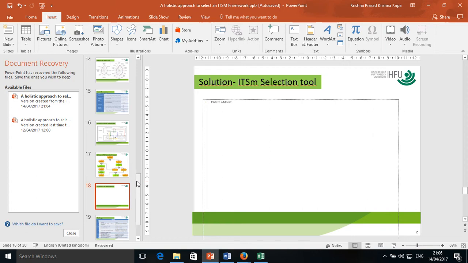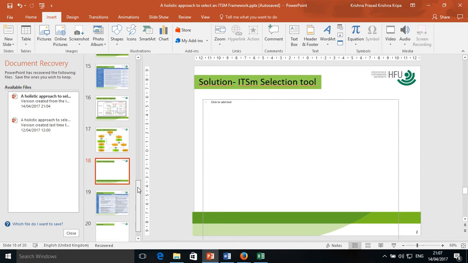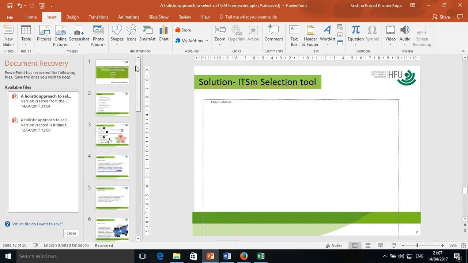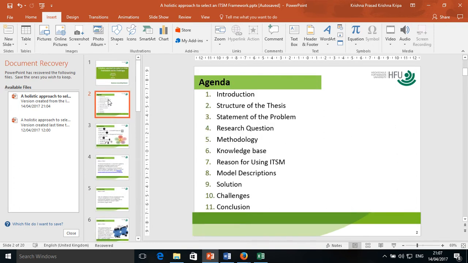So friends, here I'm going to discuss the ITSM selection tool which I have designed for this particular purpose. As of now, I have given an introduction, explained the structure of my thesis, defined the statement of the problem, explained the research question, and explained what methodology we use.